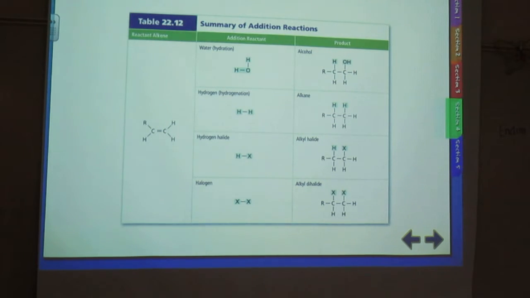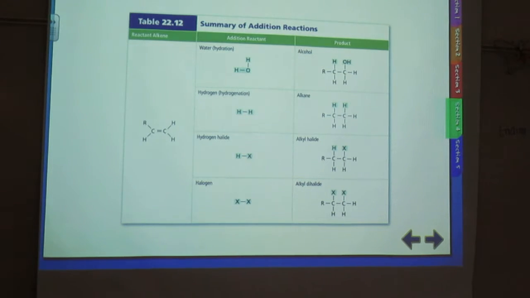Okay, then we have one that wasn't previously talked about, the hydrogen halide, halide meaning that it's one of the halogen groups: fluorine, chlorine, bromine, iodine, and the X represents the chlorine, bromine, fluorine, or iodine. So let's say we have hydrochloric acid and we're mixing it together with the alkene, then you'll end up with, in this example, the R group off that ethane with the Cl.